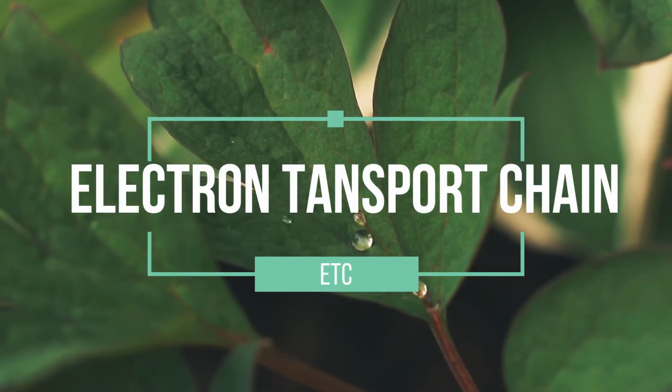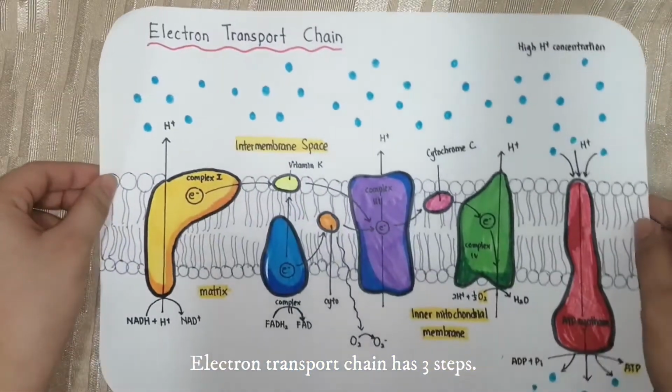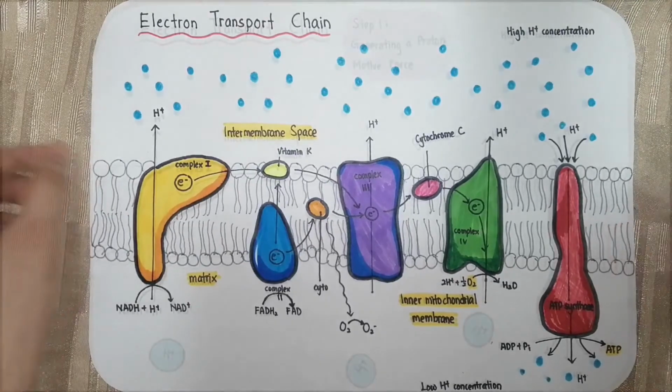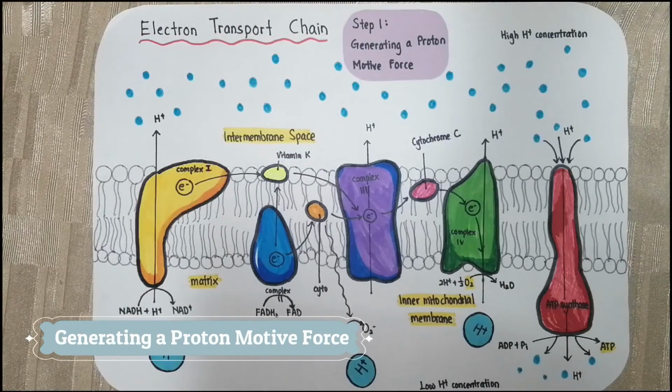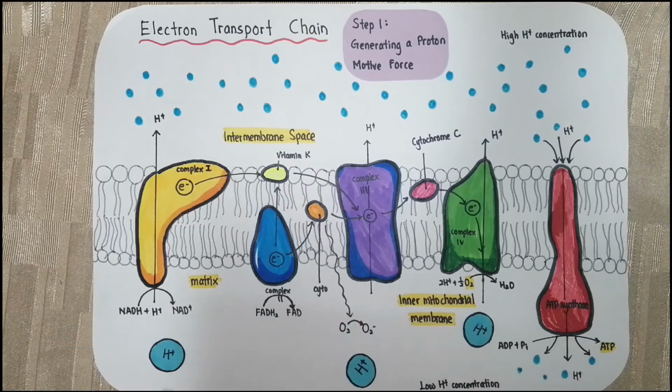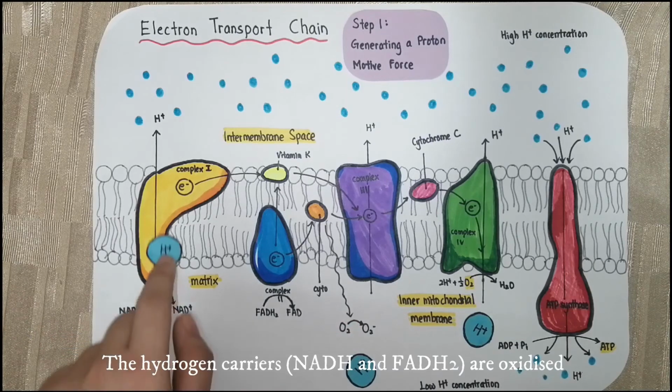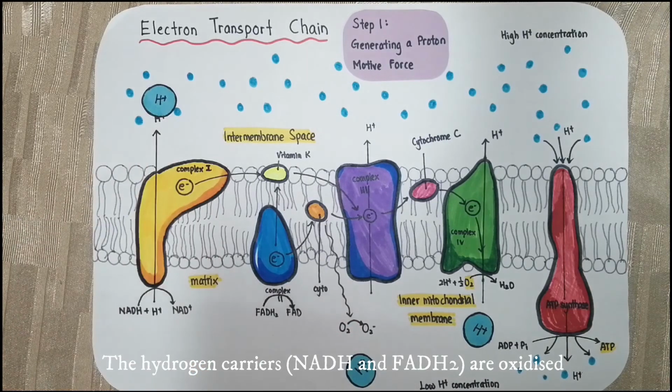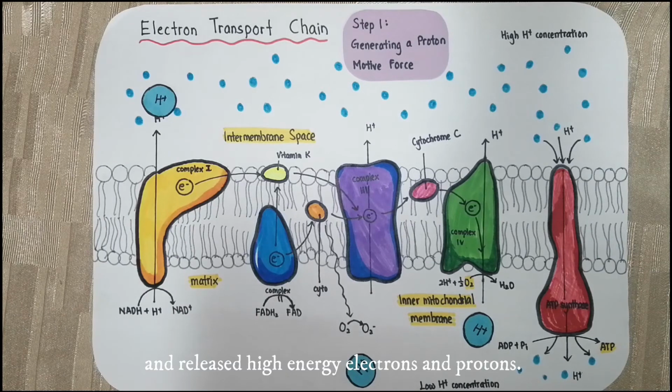Lastly, we come to the electron transport chain. The electron transport chain has 3 steps. The first step is generating a proton motive force. The hydrogen carriers NADH and FADH2 are oxidized and release high-energy electrons and protons.